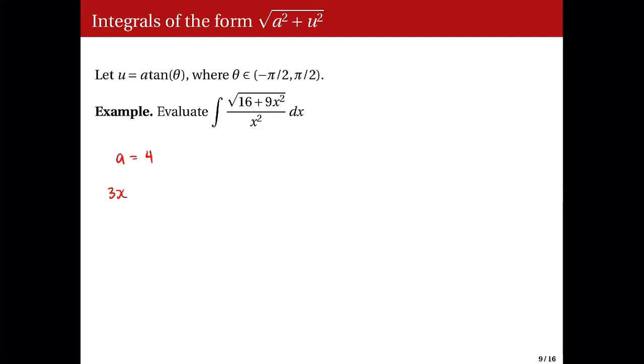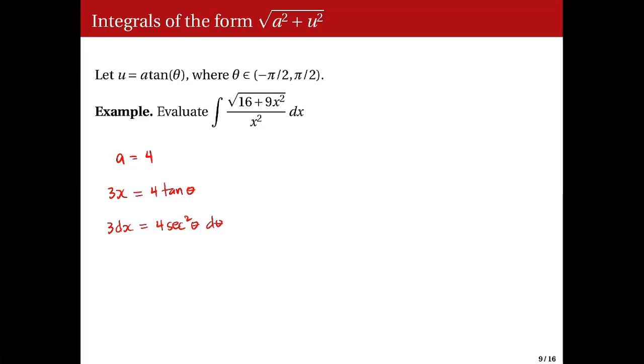And we have a plus in between here. So the substitution will be the tangent substitution. So 3x equals 4 tangent theta. Then we have 3dx. This is 4 secant squared theta d theta.